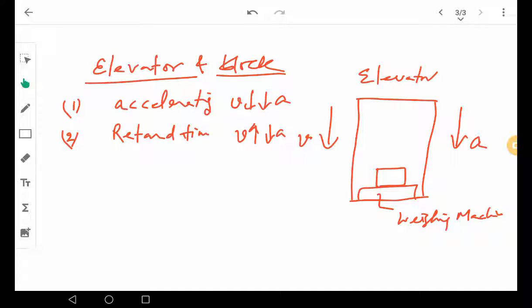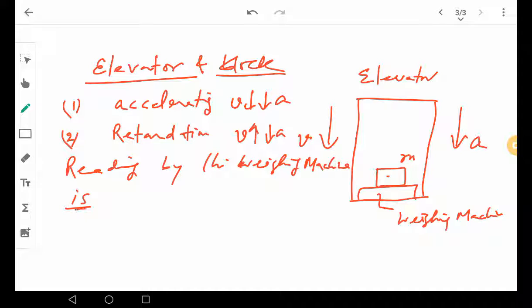Now suppose the mass of the block is m and the reading by the weighing machine is, if it is mg, it means what? The elevator is at rest or acceleration is 0.